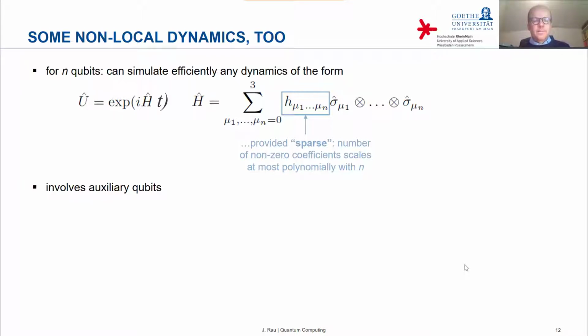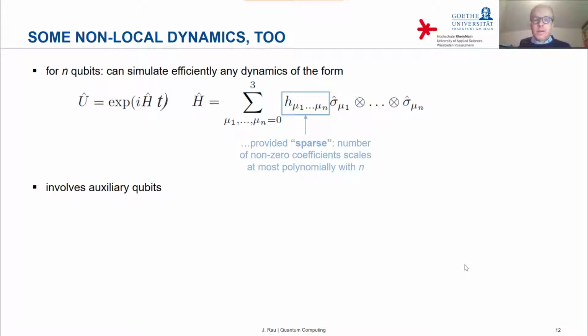And this applies in particular to this problem of simulating quantum dynamics: any circuit that does the simulation has not only input qubits representing the initial state before the evolution starts, but it also features auxiliary qubits that play a role in the simulation.